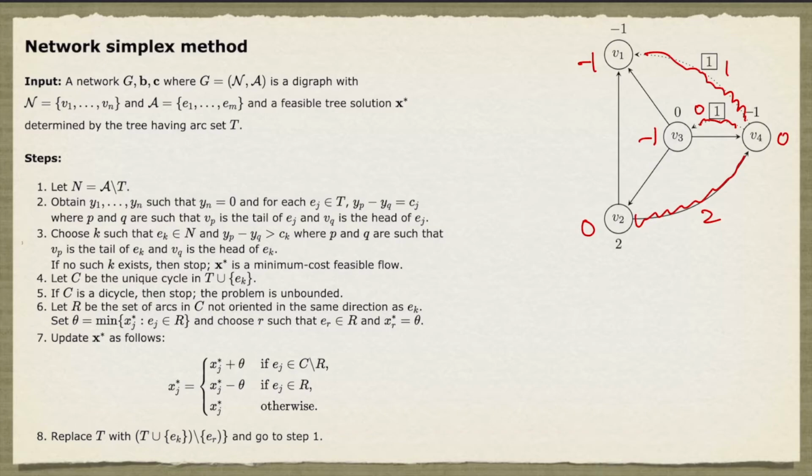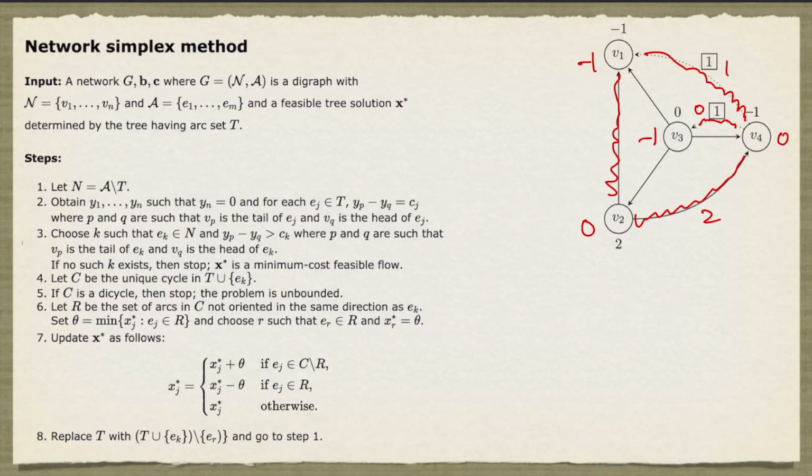Next, we need to find an arc such that the y at the tail minus the y at the head is greater than the arc cost. In this case, we have such an arc V2, V1, since y2 minus y1 is 1, and the arc cost on the arc V2, V1 is 0. So this will be the entering arc. So if we add it, we have a cycle, and the arc V4, V1 is the only reverse arc in this cycle.